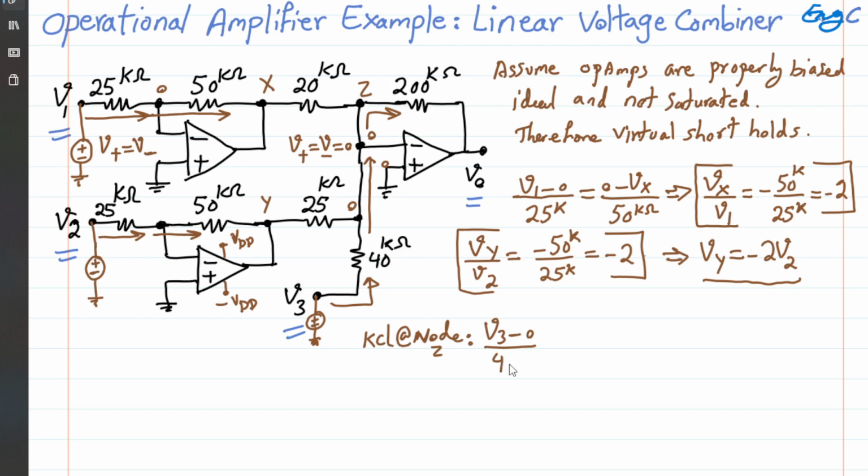So divide by 40K is equal to VZ, which is 0, minus V out, divided by 200K. So what we get from this outcome is, as we expected, V out directly as a function of V3.